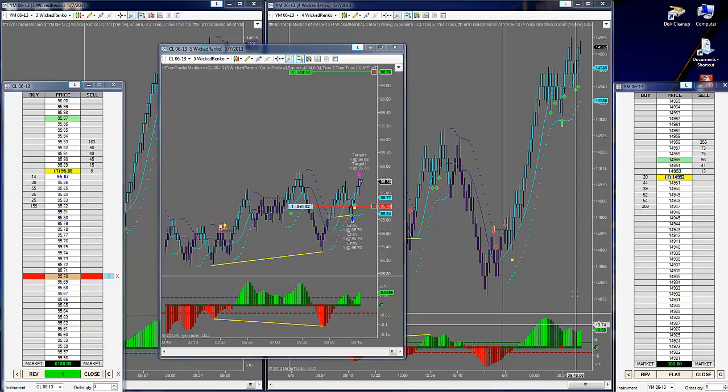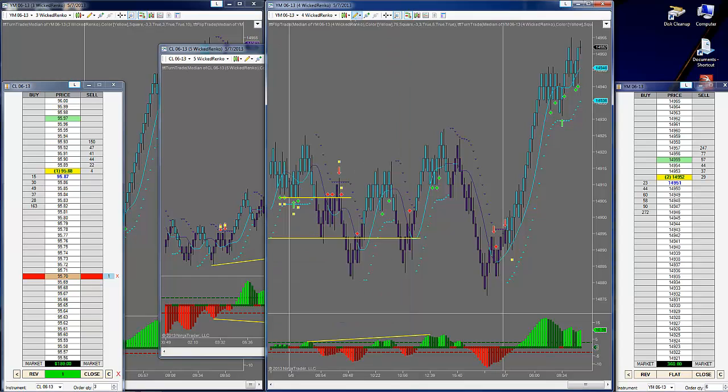Actually, we could have. I didn't do it. I didn't see we have bullish hidden divergence right here, which will override standard divergence. So there is an entry here.